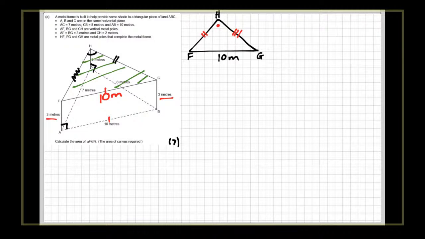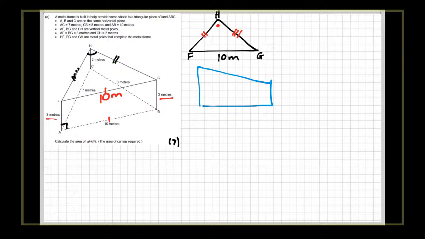So something that we can kind of do now, I'm just going to erase this so I can work on my sketch, is I'm going to look at my two sides. I'm going to look at the side on the left, so I'm going to look at AFHC. So like that.